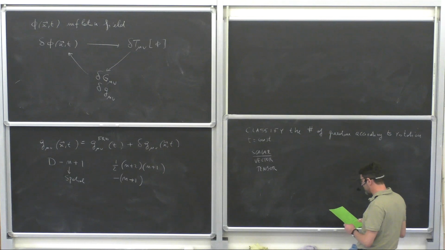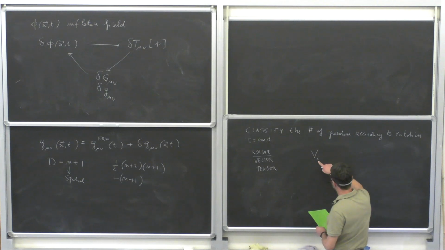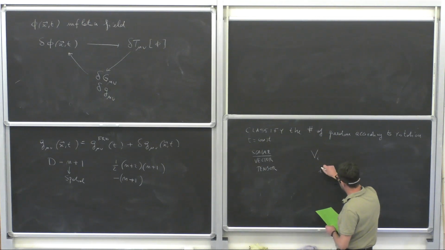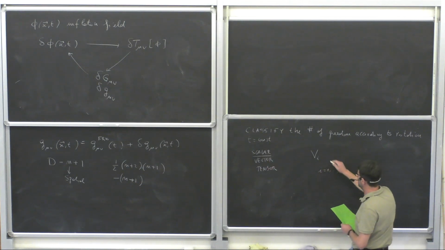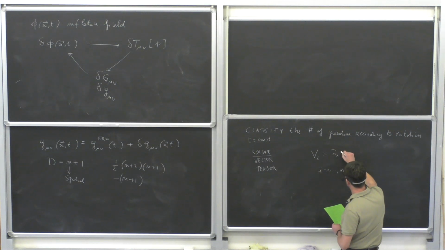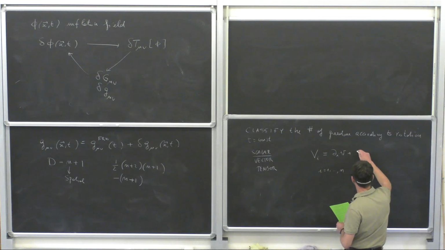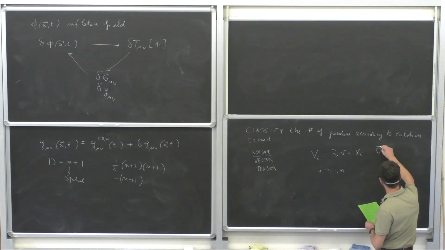So you know that in general, if you have a vector, you can write down a vector v_i. And notice here I'm using the Latin indices to describe spatial coordinates, so it goes from 1 to n, because I'm taking a slice t equal constant. Any vector, according to the Helmholtz theorem, can be written as the gradient of a scalar plus, let me call it xi, some other vector, such that the divergence of xi is equal to 0.